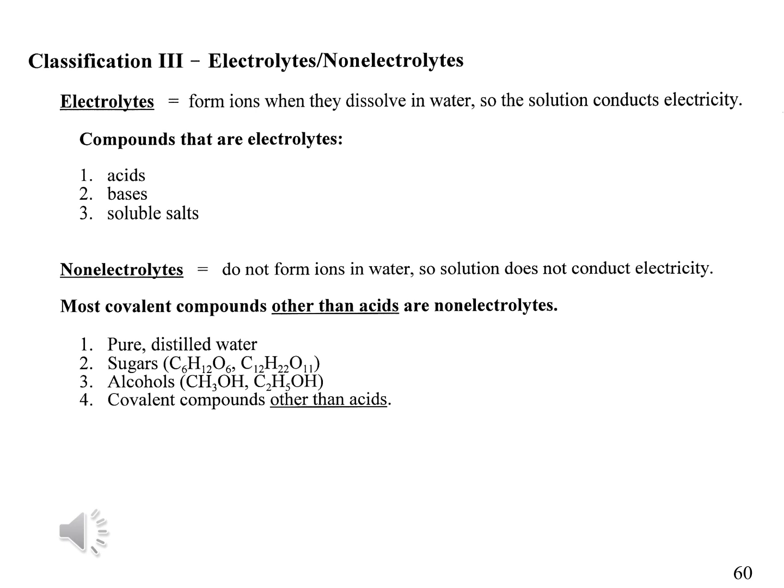And the two that I want you to remember, because they always use these on standardized tests for things that don't make ions, are sugar and alcohol. Those are organic, covalent, but they don't make ions. And most other covalent compounds are also non-electrolytes, with just a few exceptions.